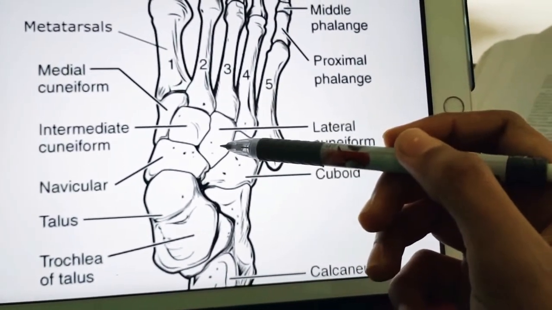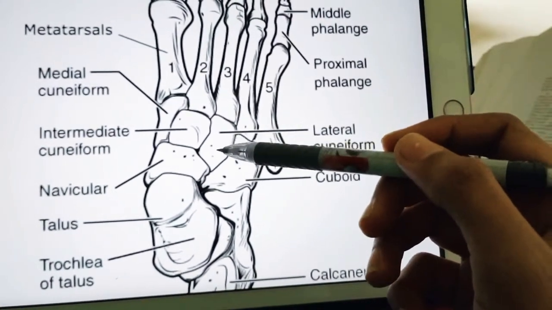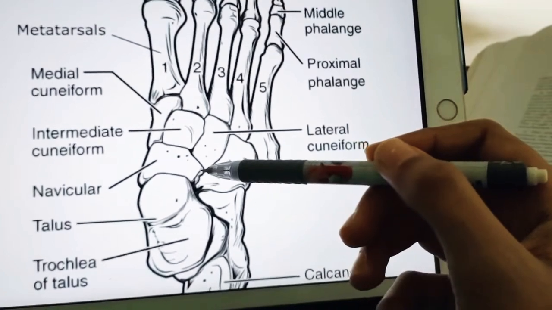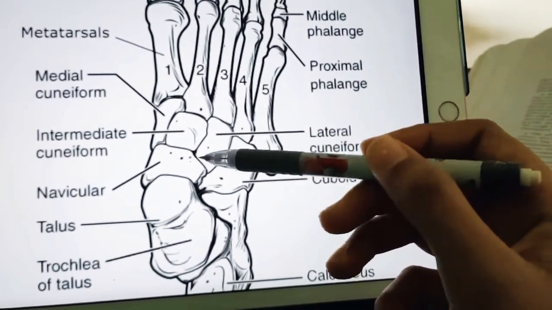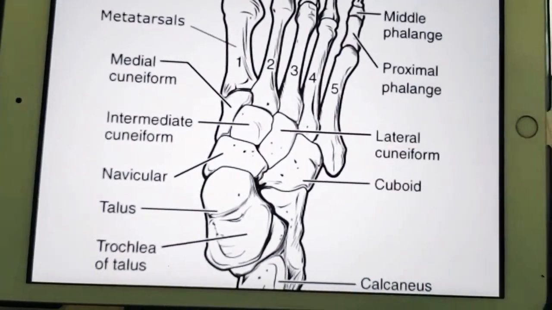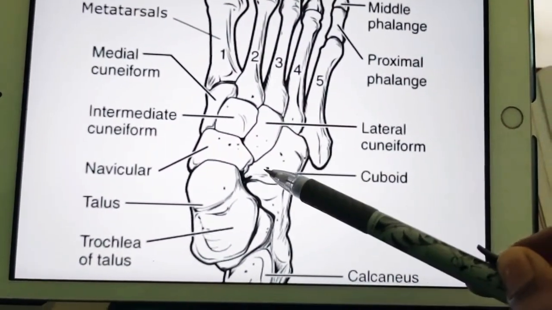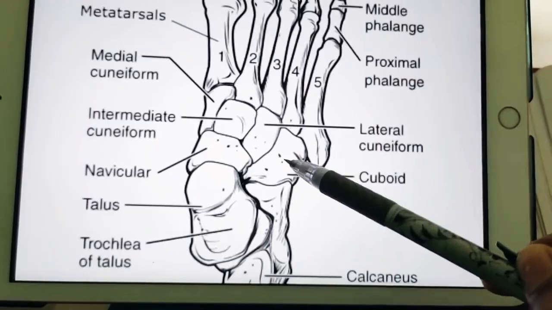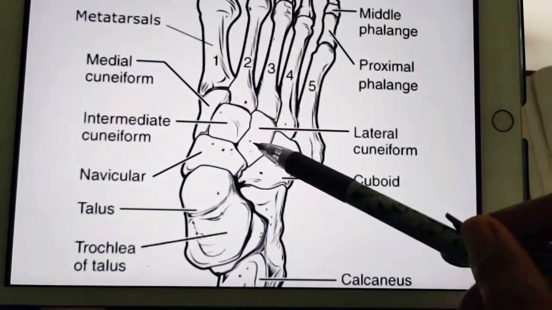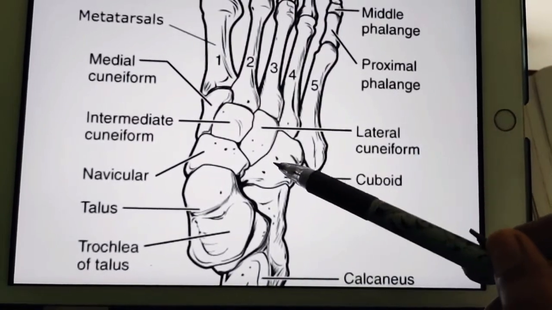Next, coming to additional features of the lateral cuneiform, the proximal surface, this one, is rough in its lower one third and has triangular facets in the upper two thirds for the navicular bone, right? Next, its lateral surface, this one, is marked in the posterior superior part by a triangular or oval facet, mainly for attachment of the cuboid bone, right here.